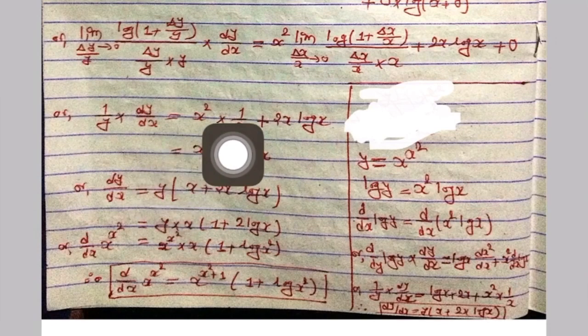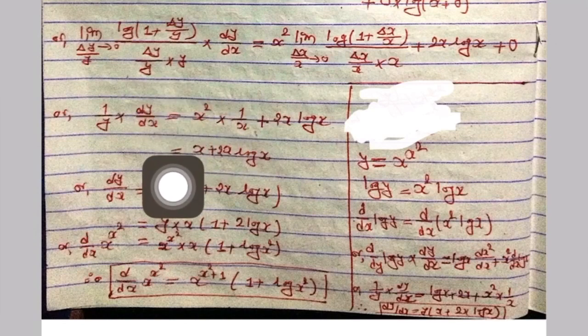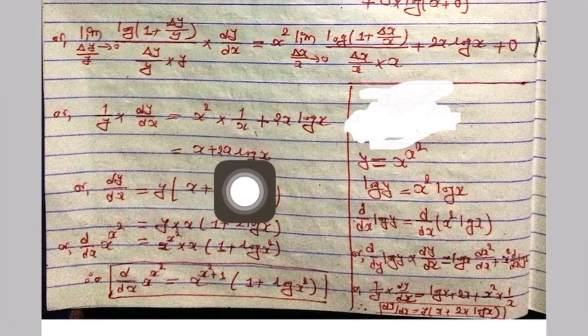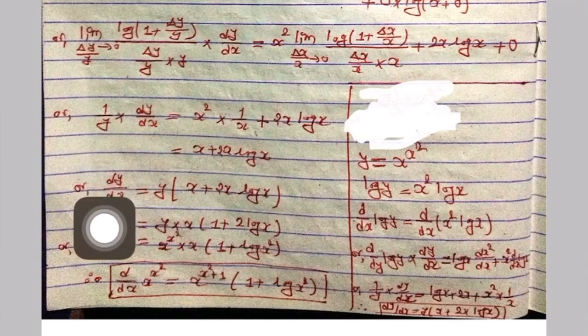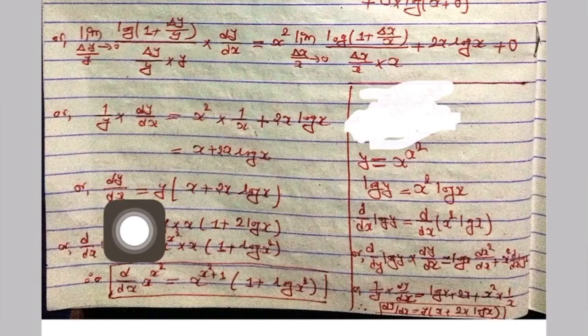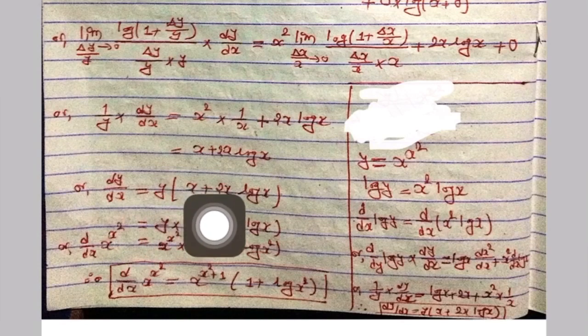Okay, this x and one of this x cancel out, so there is x only, plus 2x times log x, and on the next line dy by dx is equal to y times x plus 2x log x.